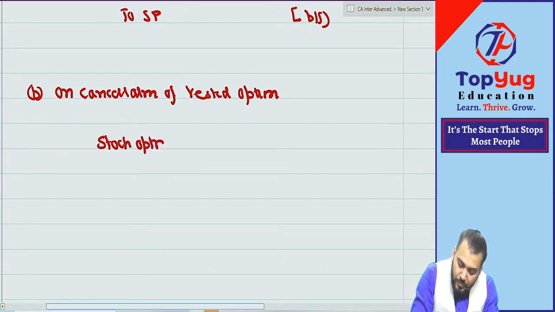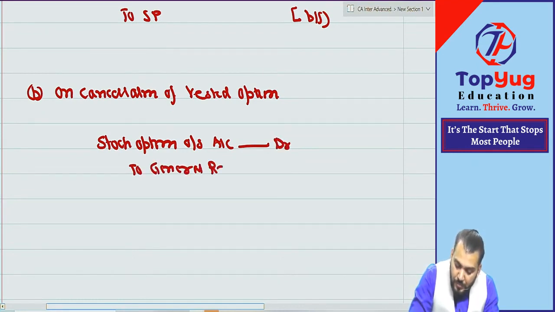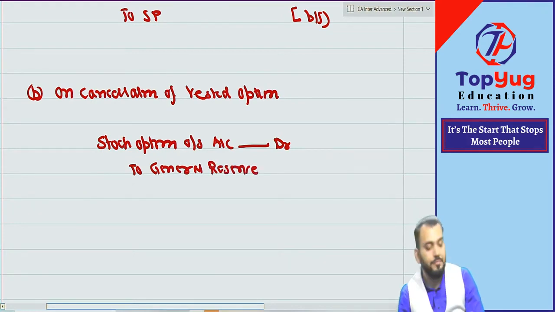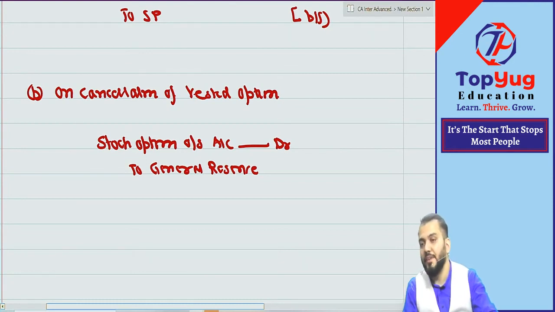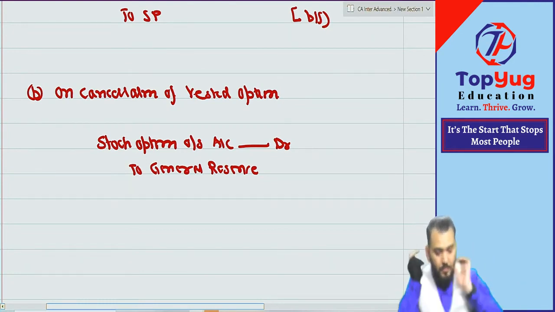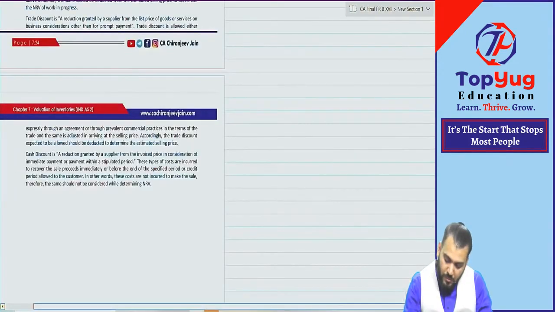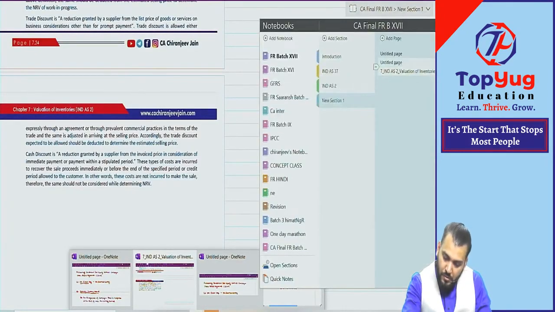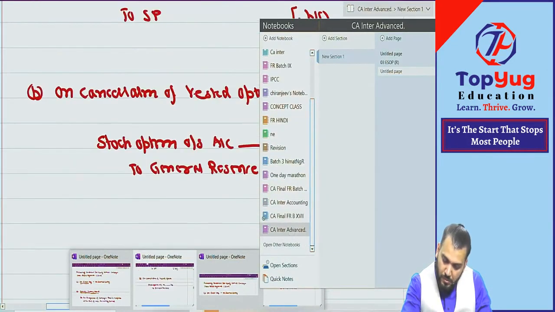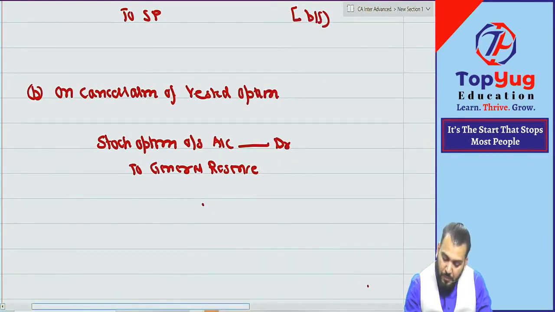Stock option outstanding account debit to what? General reserve. Correct? Done. All the journal entries we have done. Any doubt? Simple.